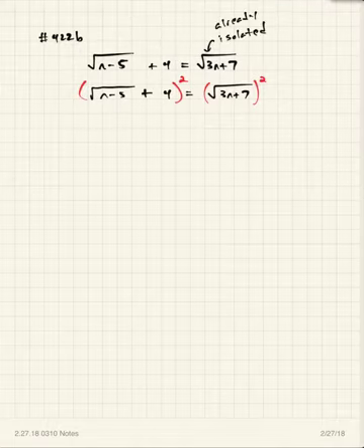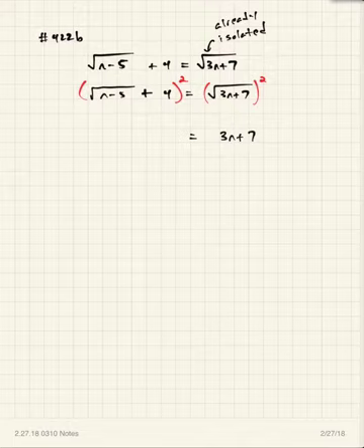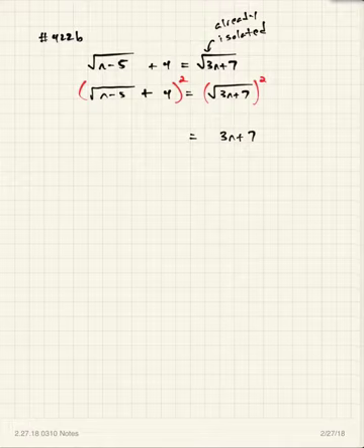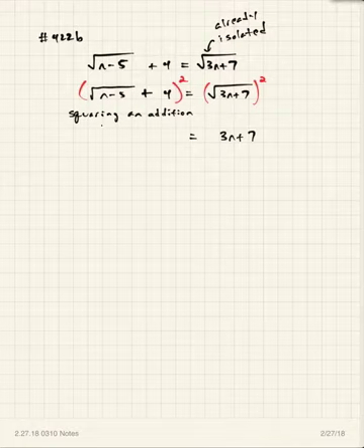Okay. So you square both sides of the equation. On the right side, this is just 3n plus 7, right? The square root of Bob squared is Bob. But on the left side, I am squaring an addition problem. And because I'm doing that, I must use this pattern to go ahead and write out the square here.